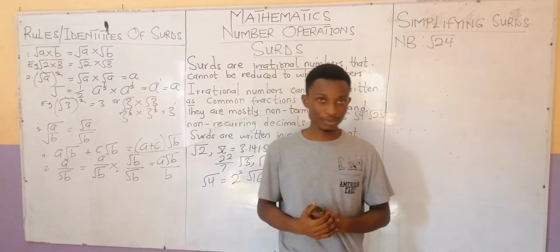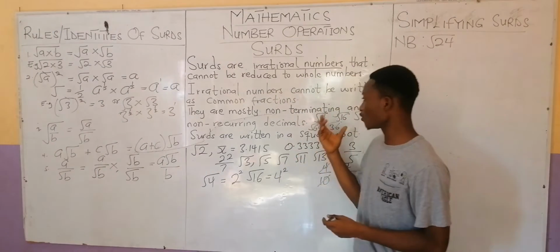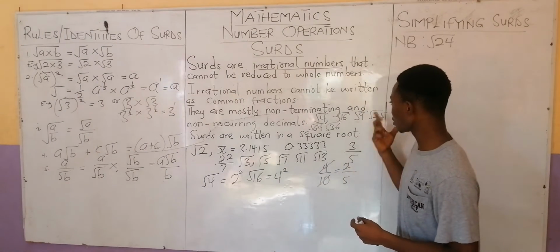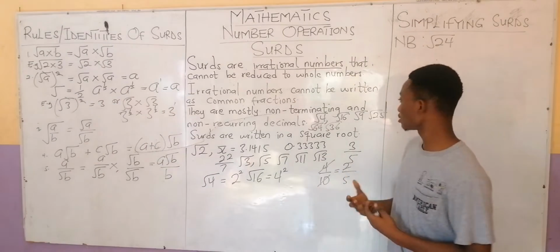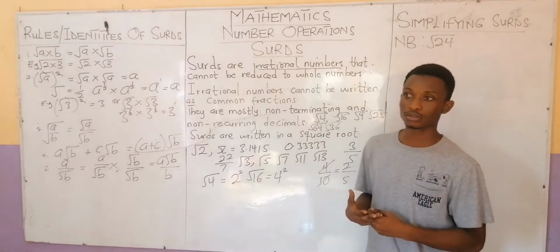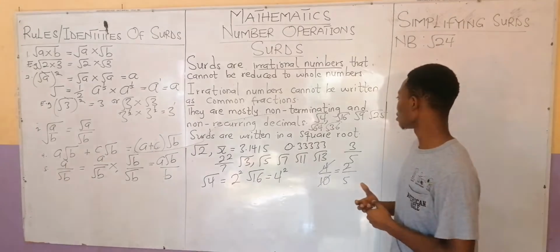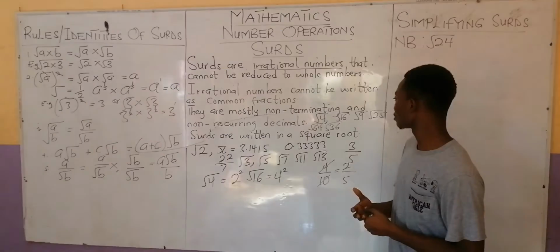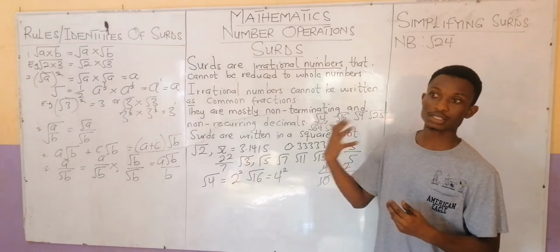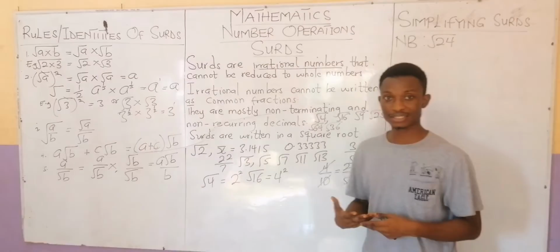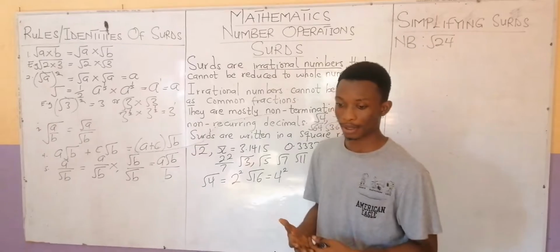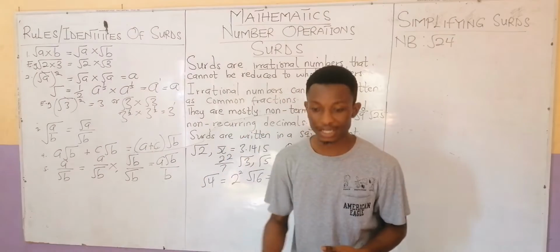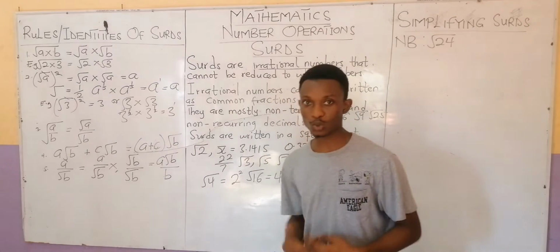So let's mention some perfect squares. 4, because 2 will give me 4. 9, 3 will give me 9. 16, 4 will give me 16. 25, 5 will give me 25. 36, 6 will give me 36. 49, 64, 81, 100, 121, 144.